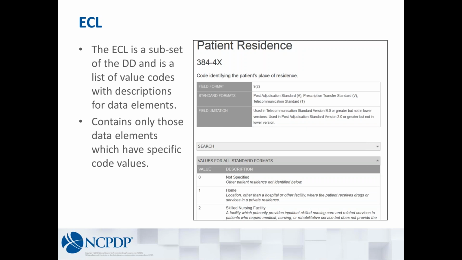Again, the name and the data element number and the description, a field format, which standards utilize the field, as well as any field limitations. There also might be comments and examples. And then down below, you'll see the actual values with the description, and any value limitations would also be listed there.